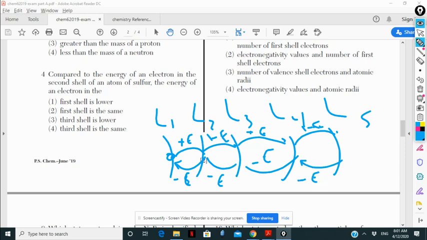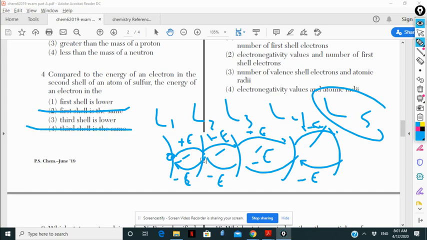So what does it mean? They aren't in the same energy level, and the farther you are, the more energy you have. So all the answers saying equal are incorrect.